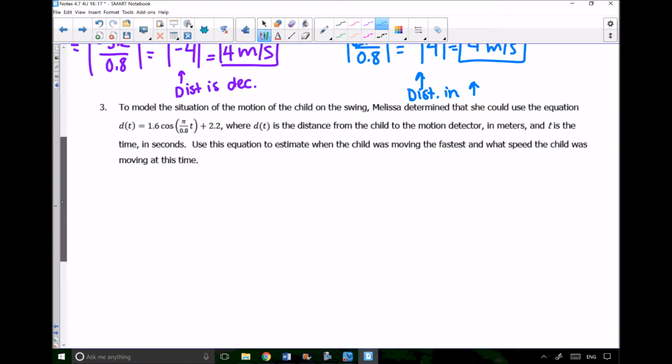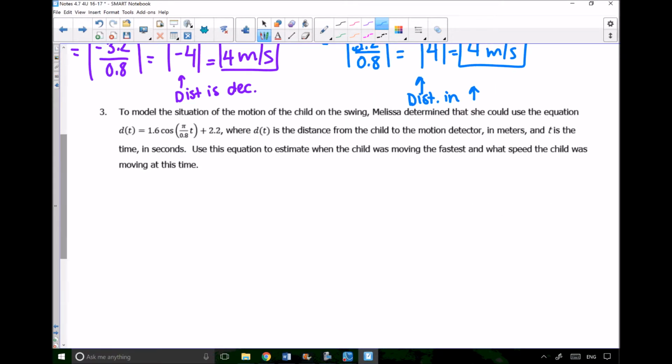That's different than when we get to a point where we're trying to find our instantaneous rate of change. To model the situation of the motion of the child on the swing, Melissa determined that she could use this equation, where d of t is the distance from the child to the motion detector in meters, and t is the time in seconds. I want to see if this really makes sense.